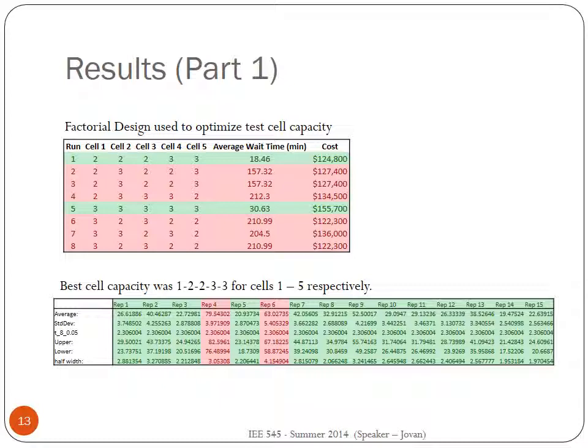We also ran 15 replications of this 1, 2, 2, 3, 3 capacity combination, and we found that most of the time we were within the 1 hour limit. There were 2 outliers in the model, which, if costs permit, the company could go back to using 2 testers on cell number 1 to further minimize tester delay times.